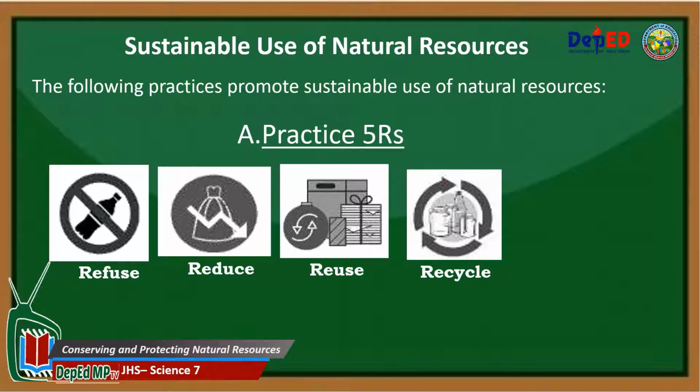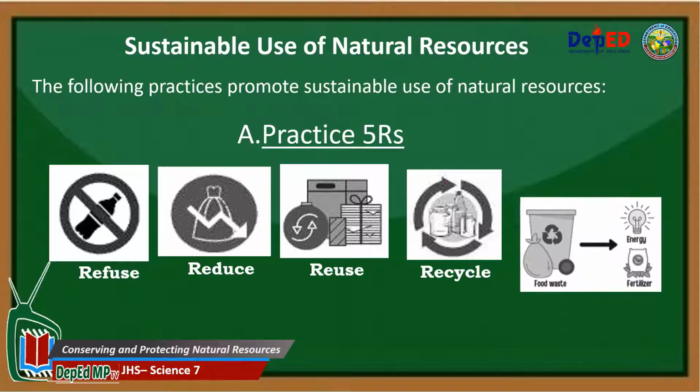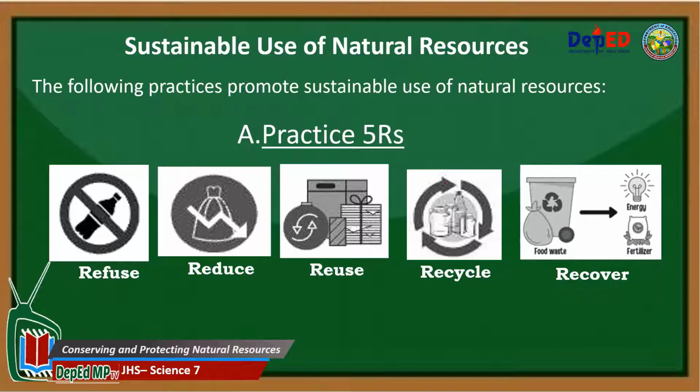For example, your old notebooks can be recycled for your paper. Fifth, recover. Convert waste into energy resources. Organic matter such as animal or food waste are broken down by microorganisms to produce biogas and biofertilizer.